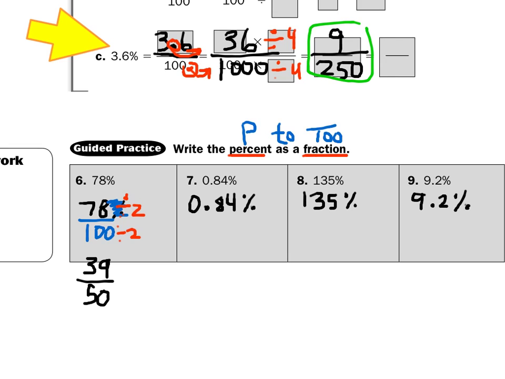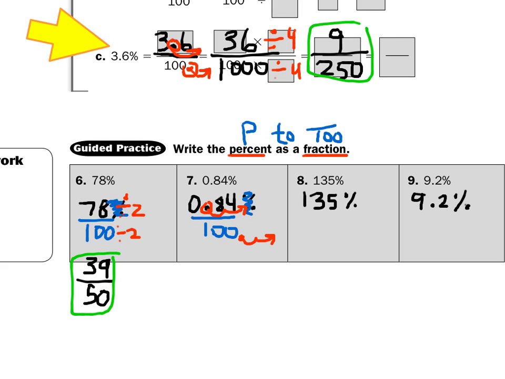And then take a look at number 7 here. So I have 0.84%. So I'm going to grab my blue and change the percent to per 100. And I'm going to scratch out that percent because it's gone. And then I'm going to grab my red and I'm going to move that decimal point on the top 2 places to the right. And whatever I do to the top, I have to do to the bottom, 2 places to the right.